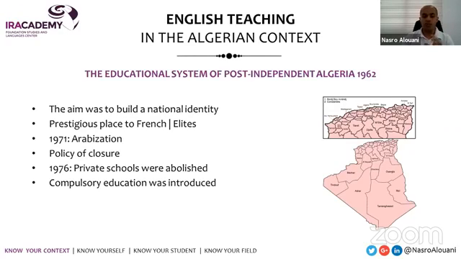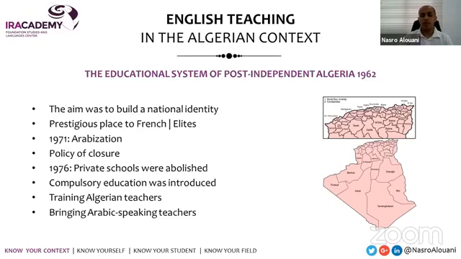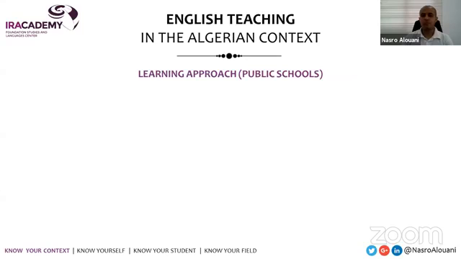Education was introduced compulsorily to all children and youngsters, and training of Algerian teachers came to be. They were trained by some Arabic-speaking teachers from neighboring Arab countries like Tunisia, Lebanon, Egypt, Syria, etc. So this is briefly the picture of independent Algeria after 1962.